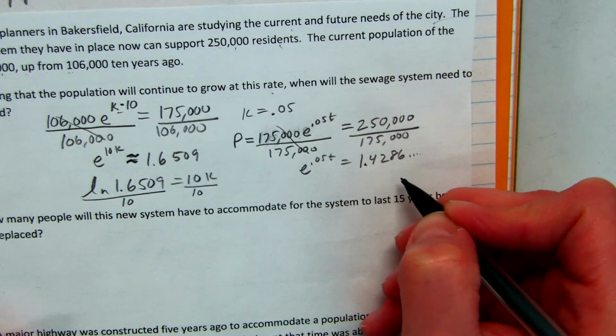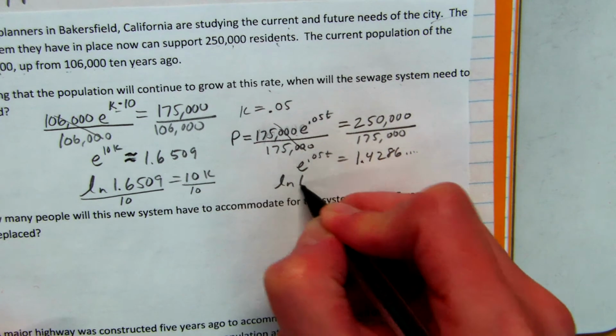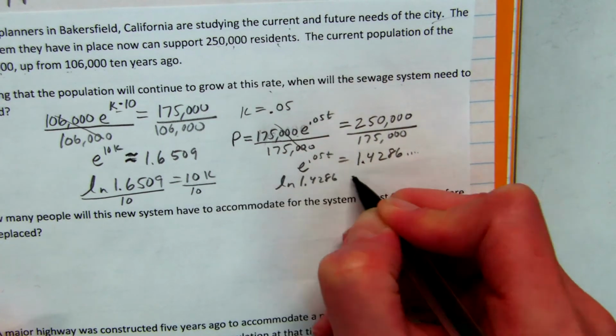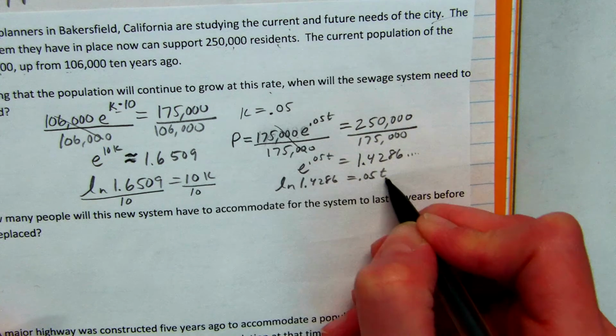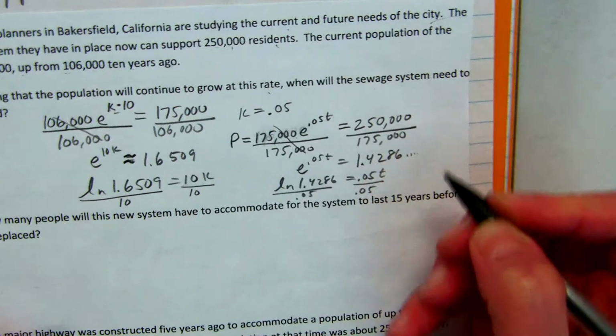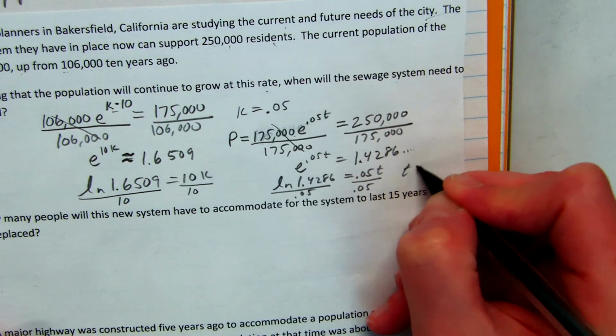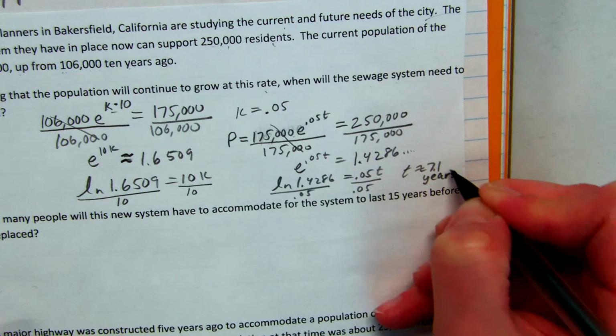Then we rearrange it to solve: the natural log of that number equals 0.05t, and then get t by itself by dividing by 0.05. It comes out roughly 7.1 years, which is not very far in the future.